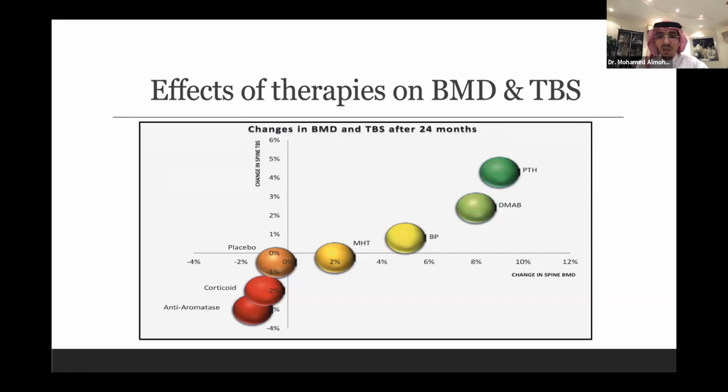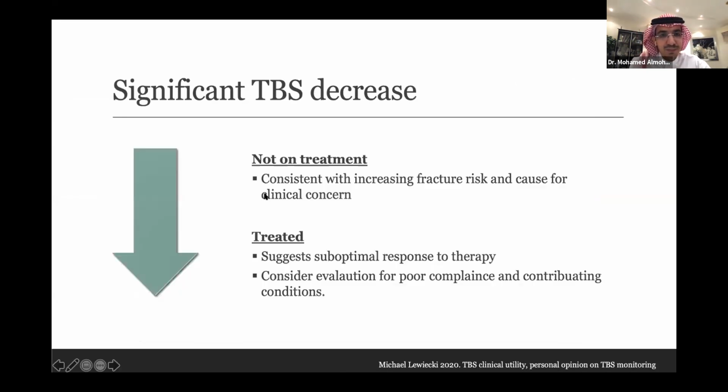In regard of denosumab, a significant increase, but it's not exceeding the threshold of least significant change. Nothing much in regard of bisphosphonate. Hormonal therapy almost the same. With the glucocorticoid, we have significant decline, and similar to that or more is the aromatase inhibitor.